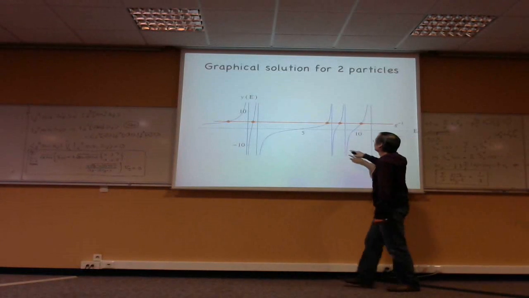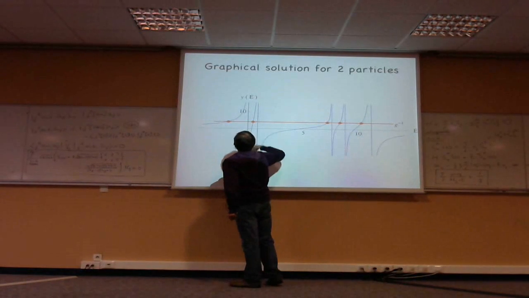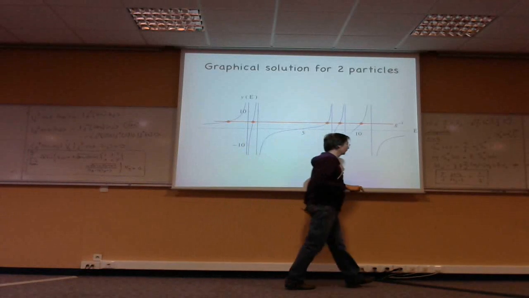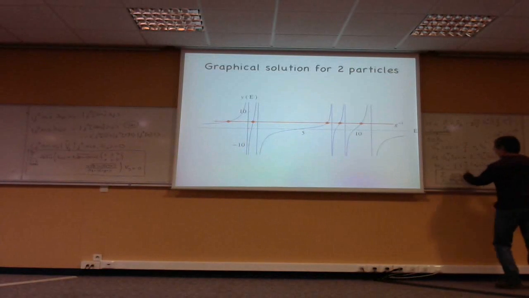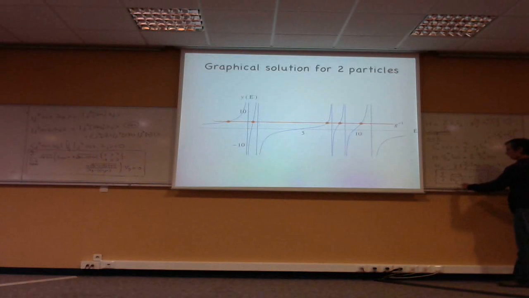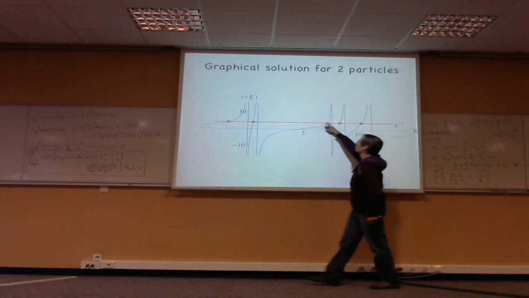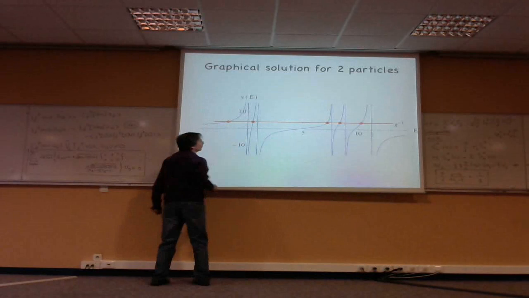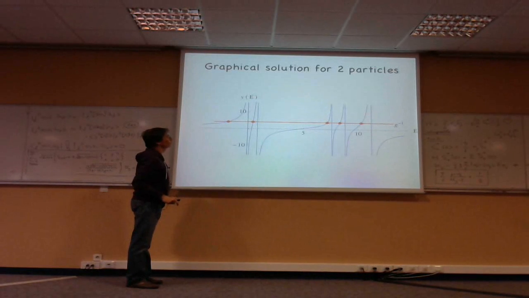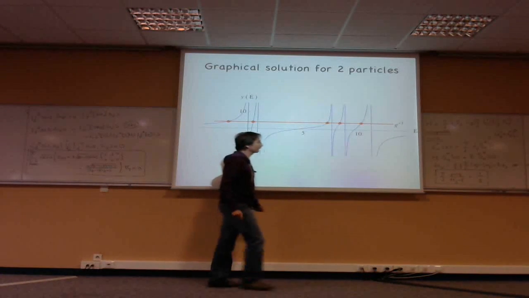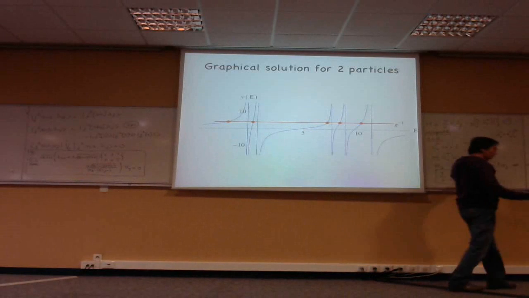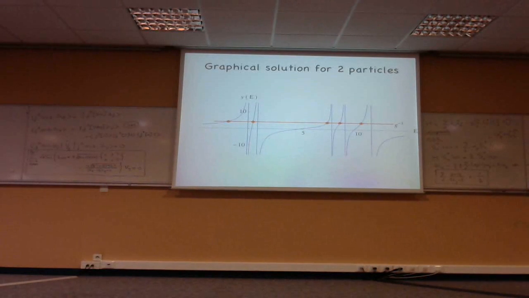Then this blue curve is just this quantity as a function of the energy E. You want this quantity to equal 1 over g, and this line here is precisely g to the power minus 1. Now I have an attractive pairing interaction.